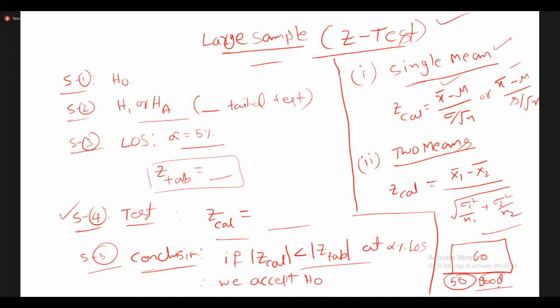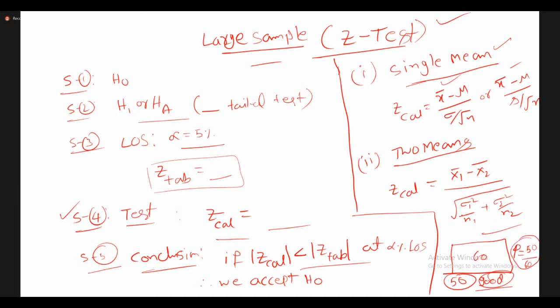When you are discussing that, we are not discussing mean. In such a case, you can take the proportions. The proportions are denoted by small p and capital P. Small p is the sample proportion. That is, out of 60, how many are good students? 50 by 60, just like probability.